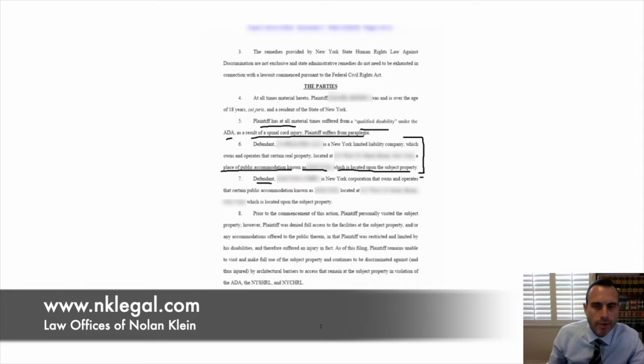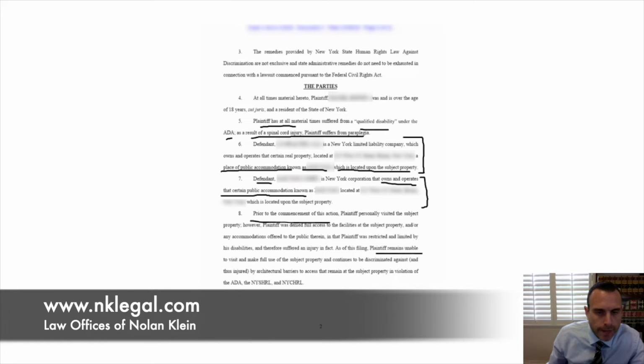And now here we have the landlord, which owns and operates that certain public accommodation. Prior to the commencement of this action, plaintiff personally visited the subject property but was denied full access to the facilities at the subject property and/or any accommodations offered to the public therein.